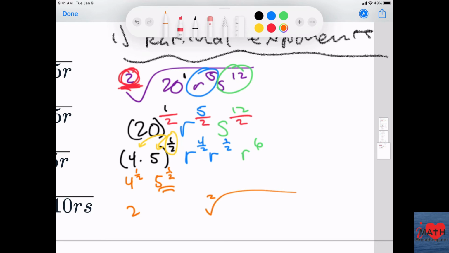For the r, 4 divided by 2 is 2, so you would just have r squared. r to the 1/2, the 1/2 is not divisible, so that r stays inside. And then s to the 6, we already did the division, so that's s to the 6th power. So that is our answer.